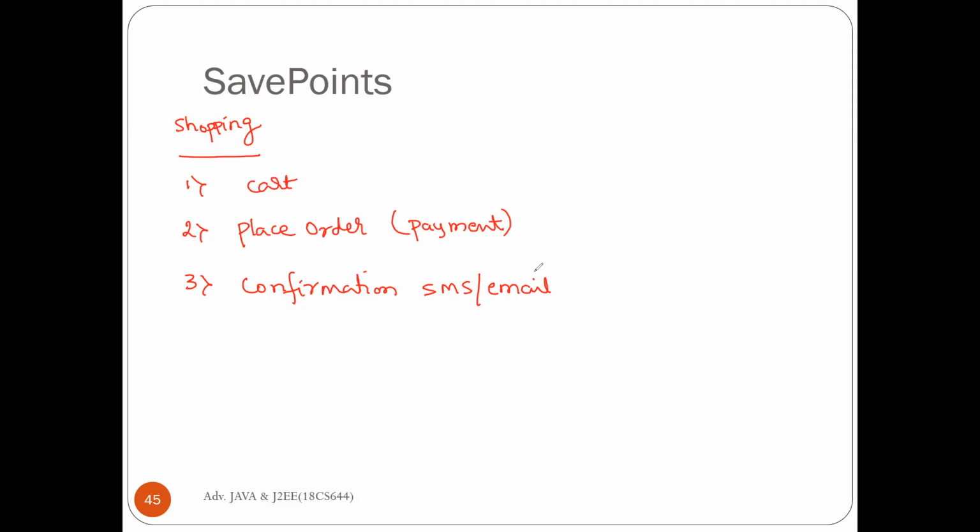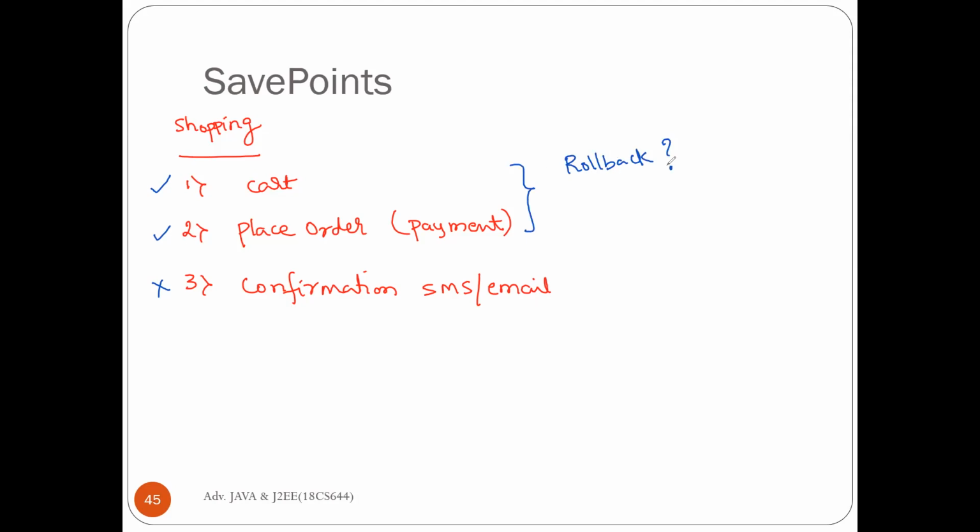The first and second steps have succeeded, but the third has failed due to the email server. Do we need to roll back these two operations? That is the question.